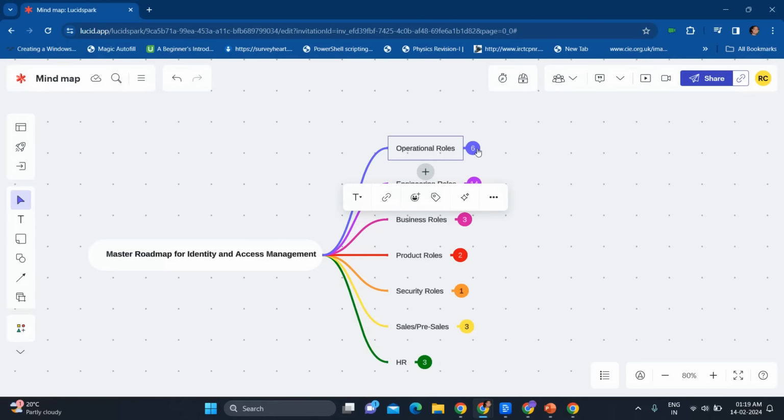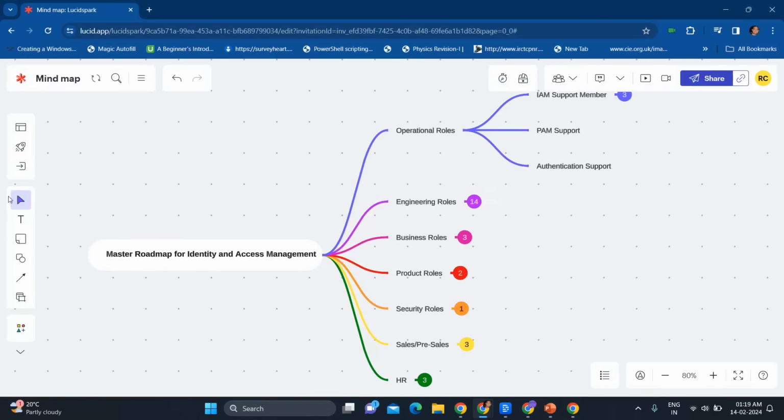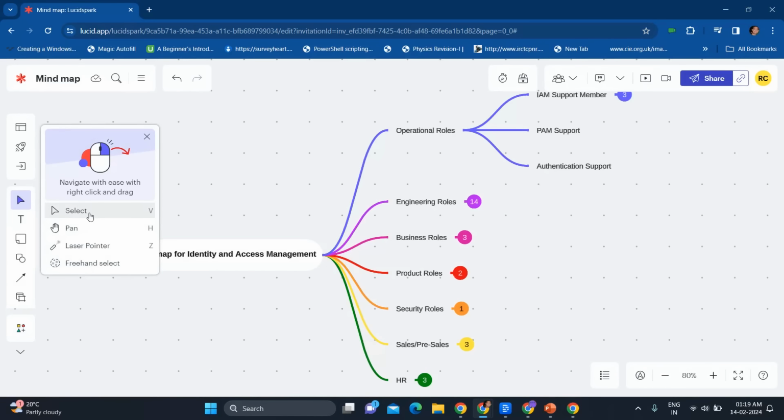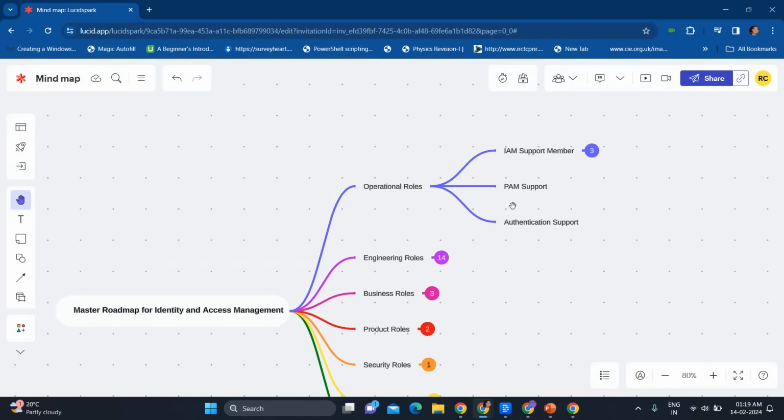On the operations side, you have roles like IM support member, PAM, privileged support member, authentication support engineer, all these roles. And these support roles will be applicable in every domain that we just discussed, not just specific to IGA or IM. In any domain, you will need people to support you on the operational level.